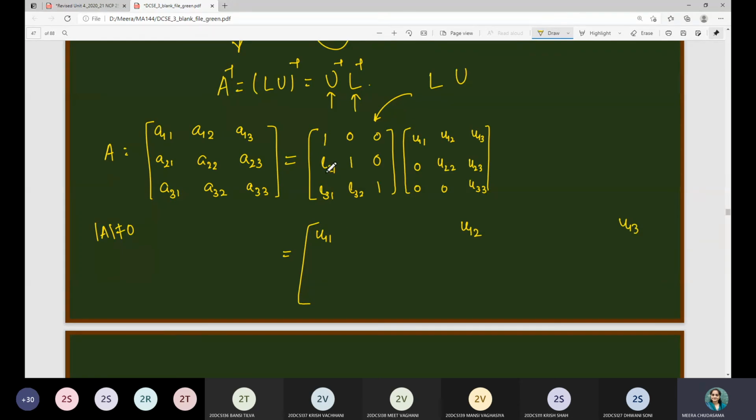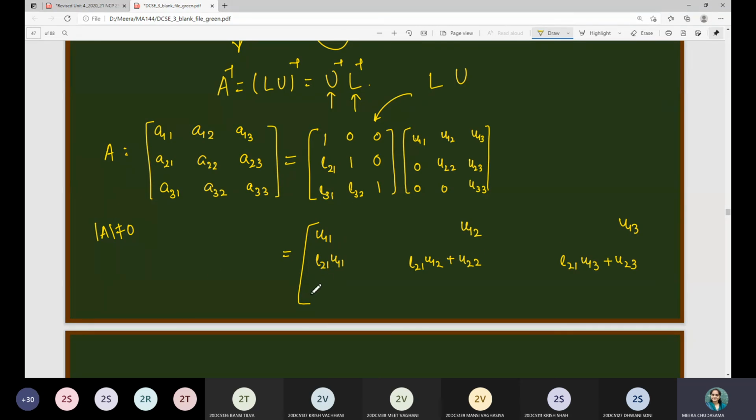Let us now come to the second row. It will be L21 into U11 plus 0, so it is just this one term. Then the second entry is L21 U12 plus U22 into 1 plus 0. Then the third entry will be L21 U13 plus U23 plus 0.